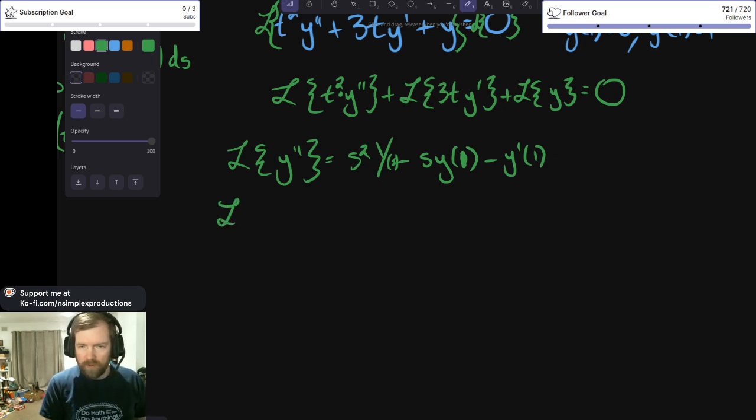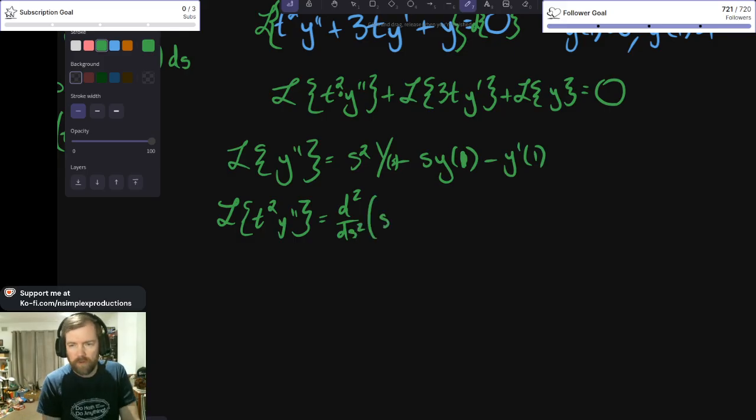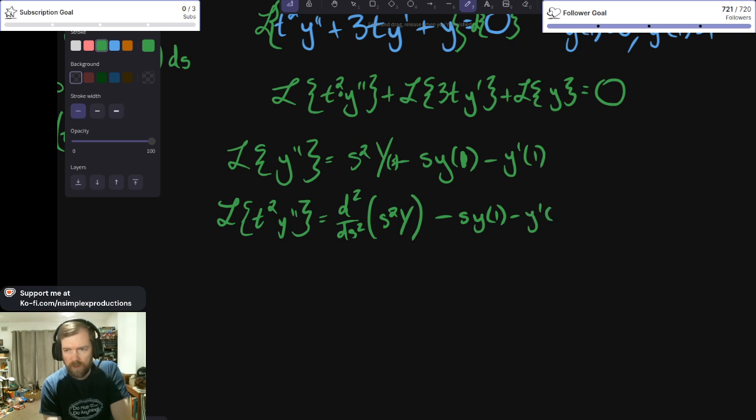Okay, so the Laplacian of t squared y double prime is going to be equal to the second derivative of s squared Y, where Y is a function of s, minus s y of 1 minus y prime of 1.